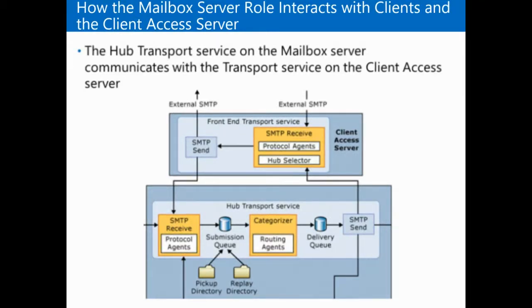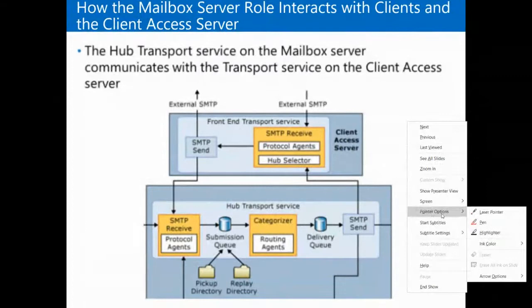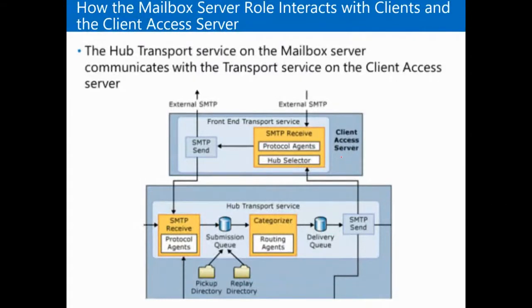So here you have the client access server. We have the front-end transport service. We have the SMTP. For external SMTP we receive, we use the hub selector.